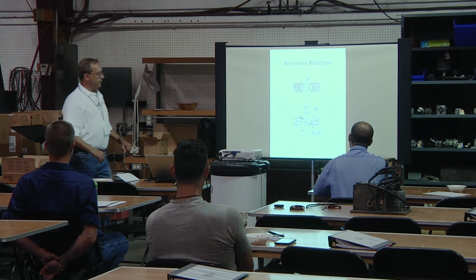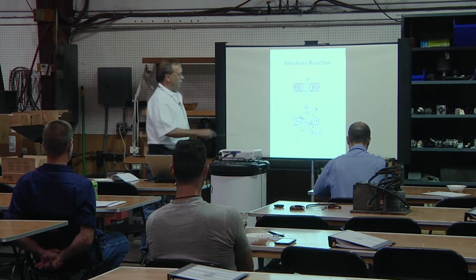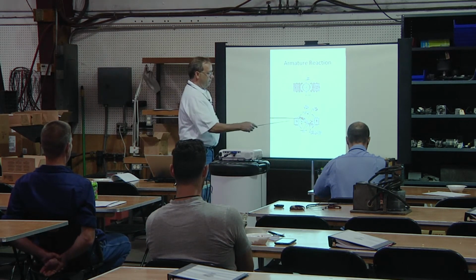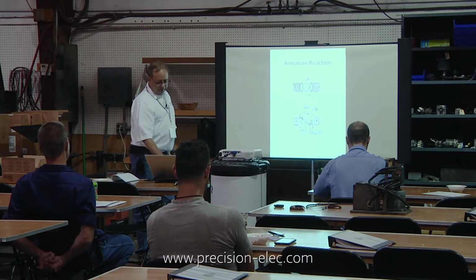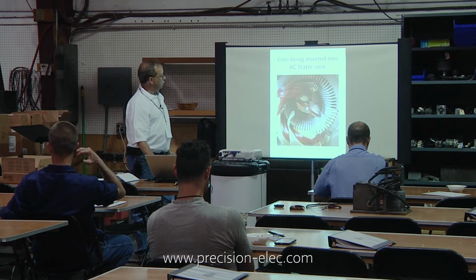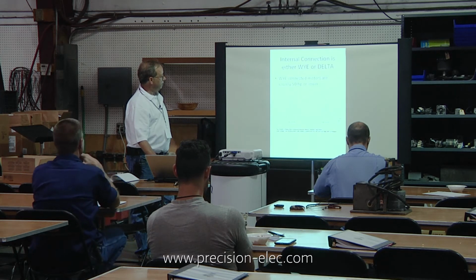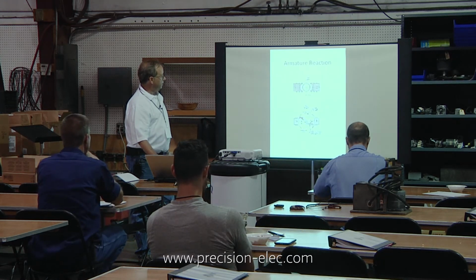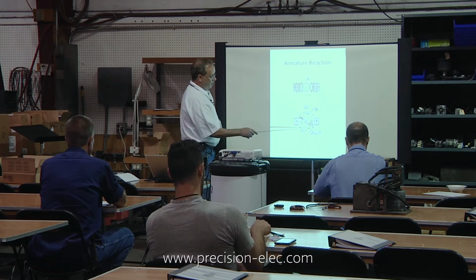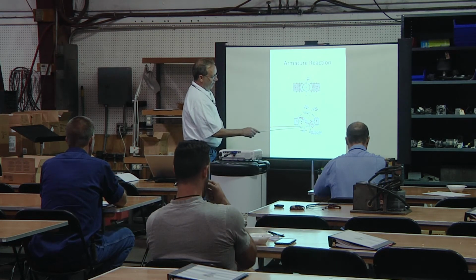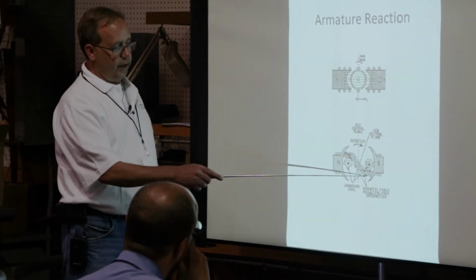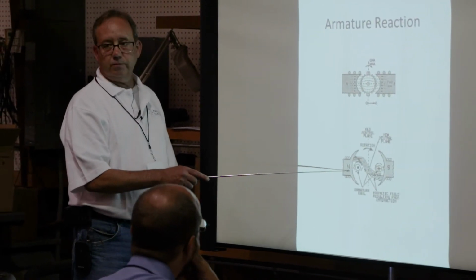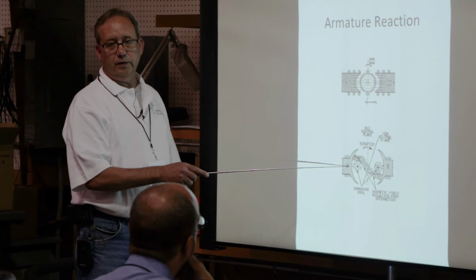The reason for that is because when that armature's spinning in that field, it bends it, okay? And it bends that field to the point where it actually starts to come all the way across and interfere with the flux field of this one.